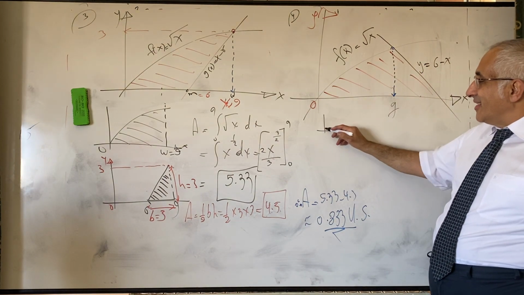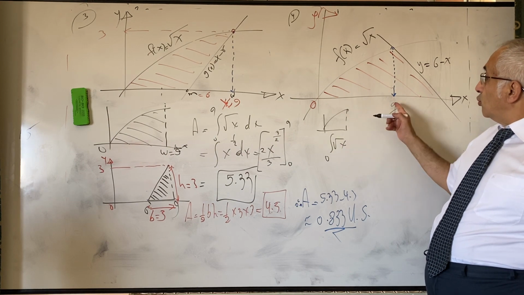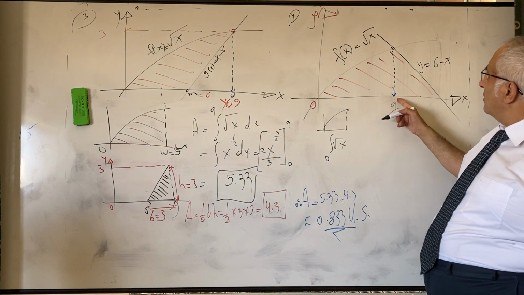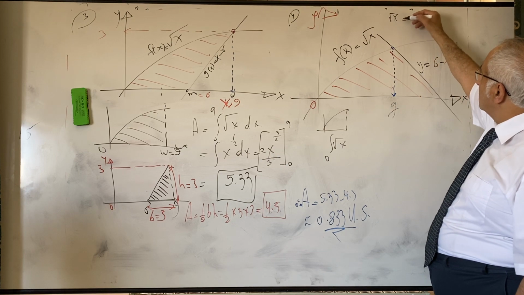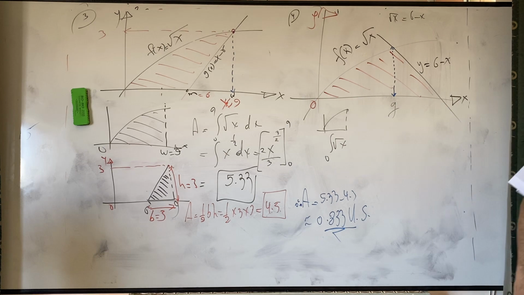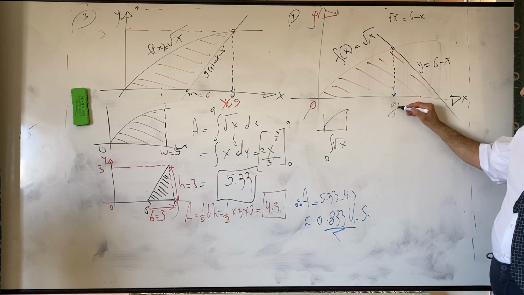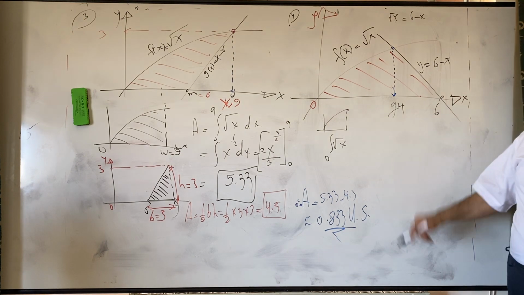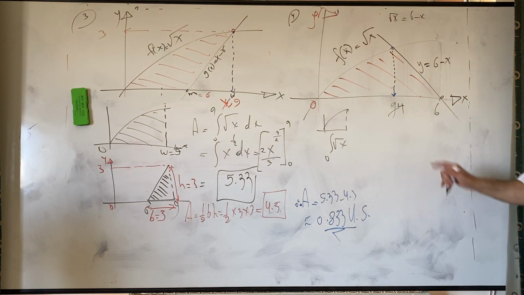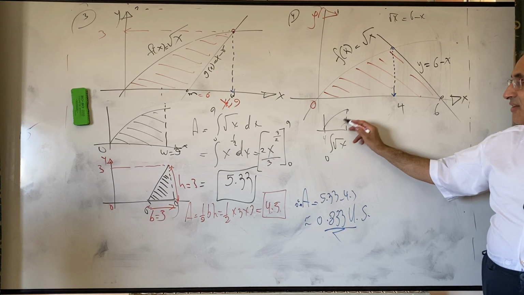One area is this, which is the square root of x from 0 to, and what is that? We said, let's find out. Remember that one? Let's solve them. How do we solve them? We square both sides. What happens? This is 4, and this will be 6. I've done that. I hope somebody tells me if I'm wrong. Just write to me. From 0 to 4, we can find this area.